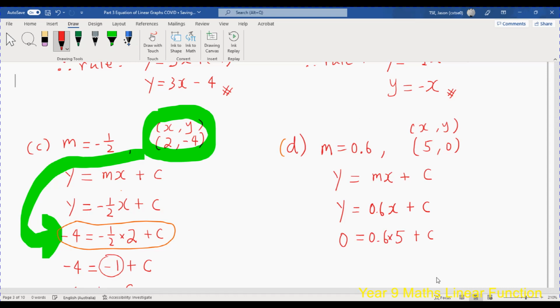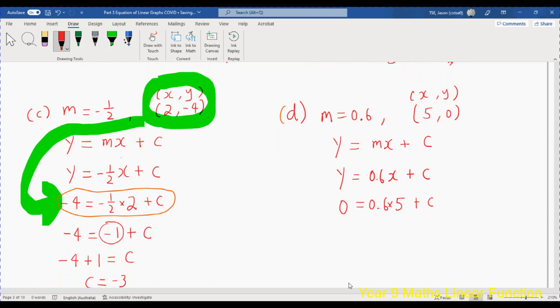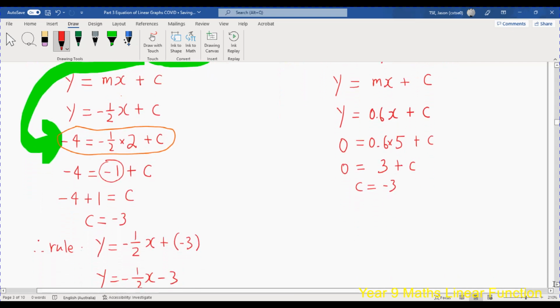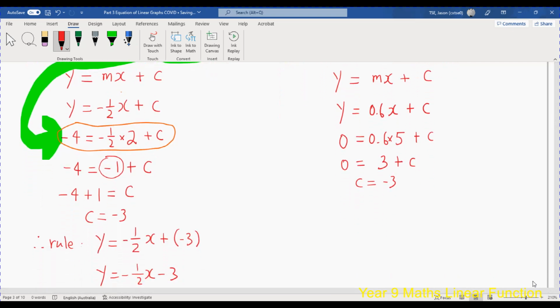You should put a cross here. You can't write just 0.65. That should be a multiplication. That should be 3, and you can solve for C. C is -3. You put 3 to the left hand side. Again, C is -3. It's just a coincidence. Still remember to write the rule: y equals 0.6x minus 3. That's it.